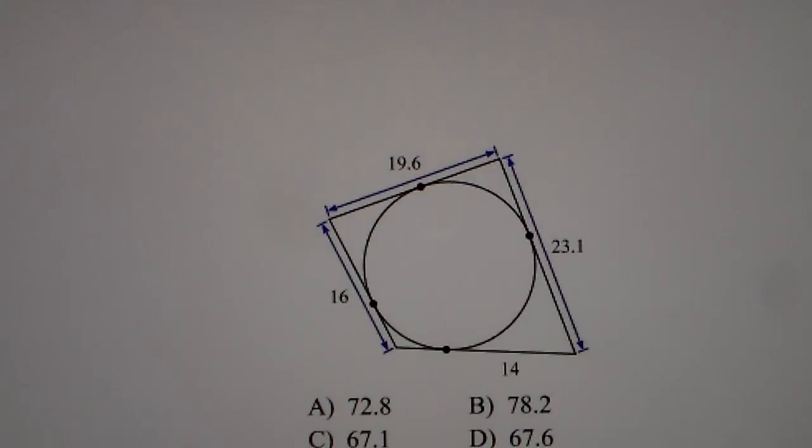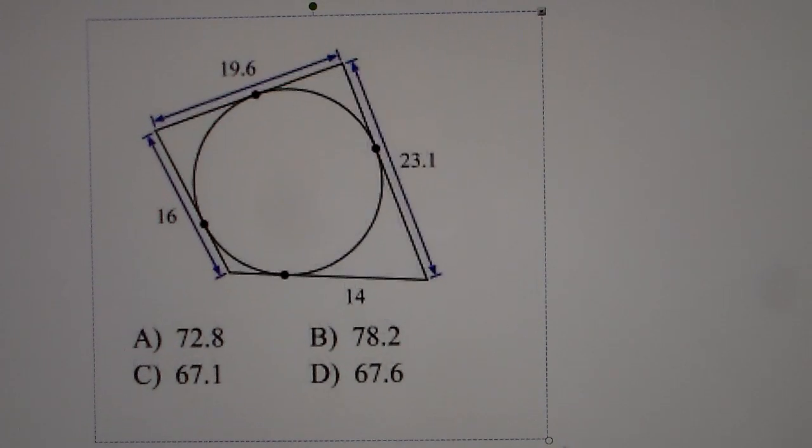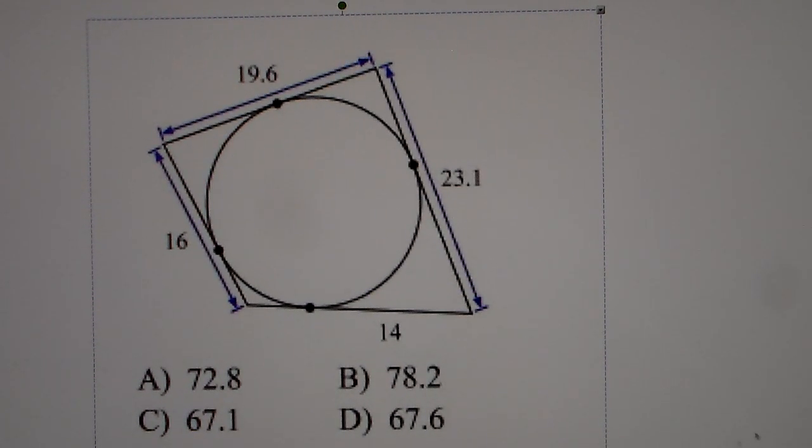Let's do another one. See if I can make it a little bit bigger. There we go. That should be a little bit prettier to see. So we got all these sides that we're going to have to work with here. Alright. So what would I do first in this one? Well, we know this purple side, this tangent here is 14.